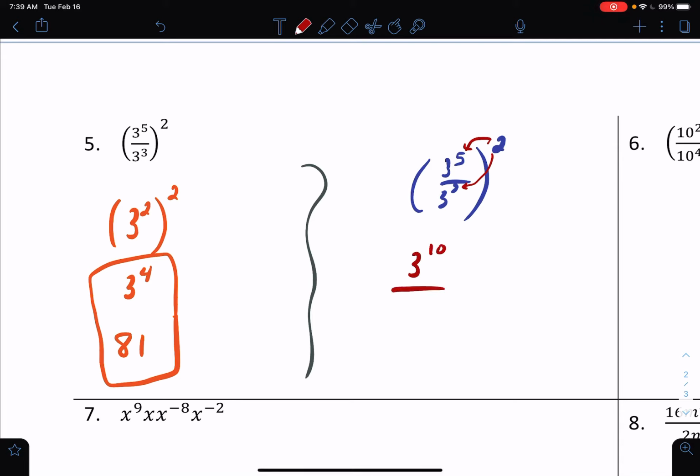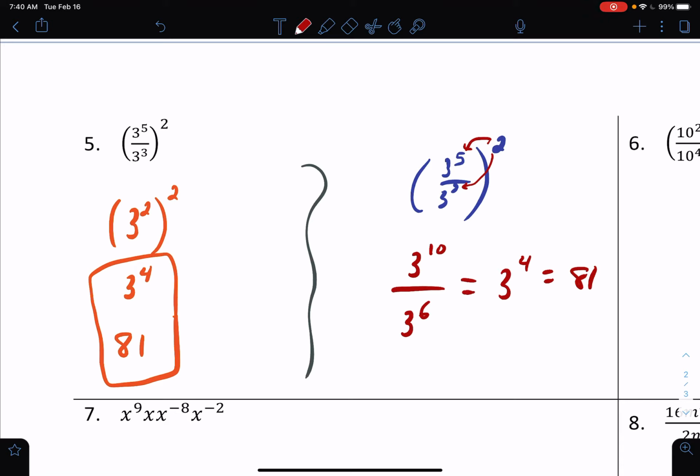The denominator is going to become 3 to the 6th, 3 times 2. Multiply their exponents together. And then we've got a division where we can subtract the exponents. So 10 minus 6 is 4, and 3 to the 4th is 81. So you'll see, you get the same exact answer. It's just determining what you want to simplify first.